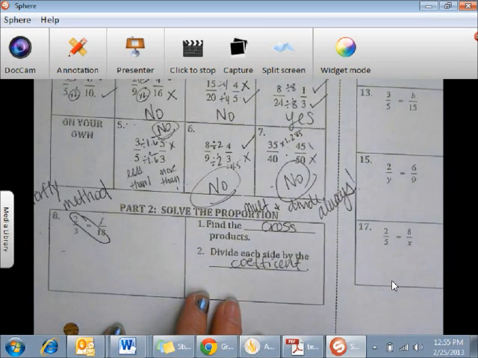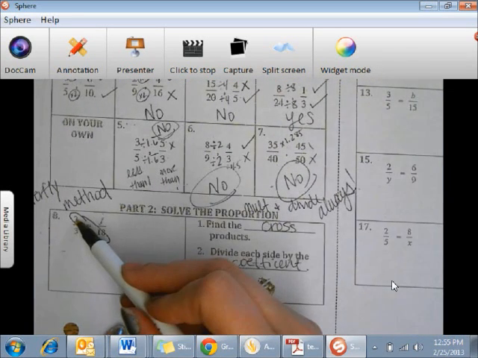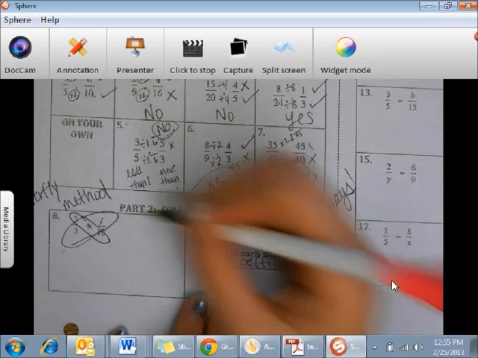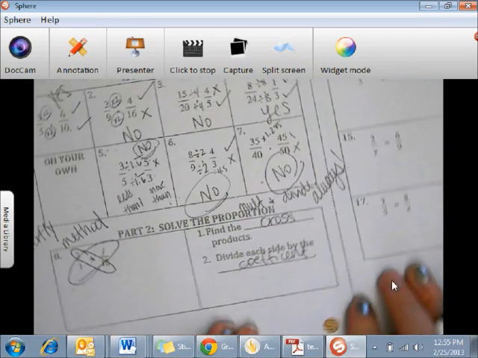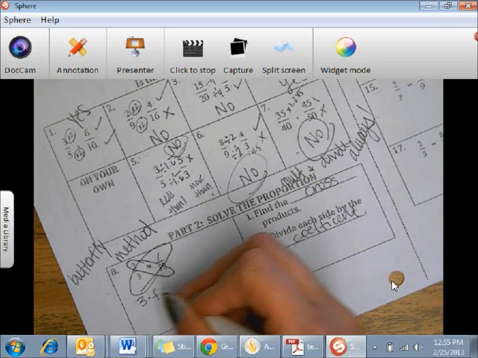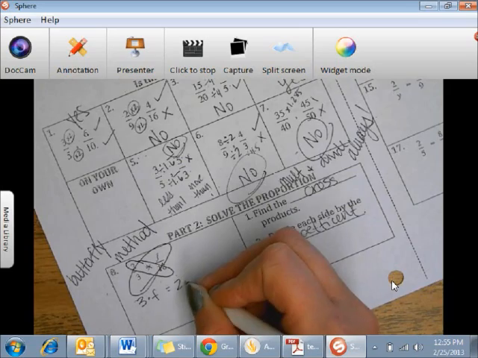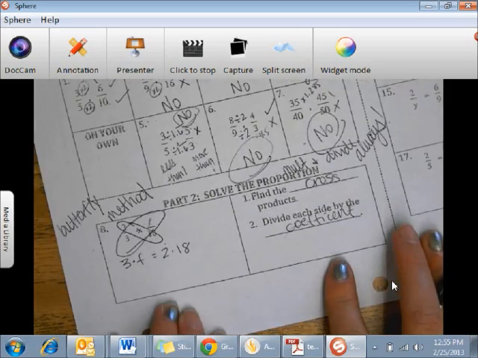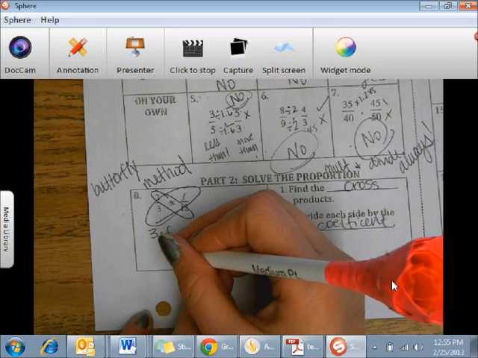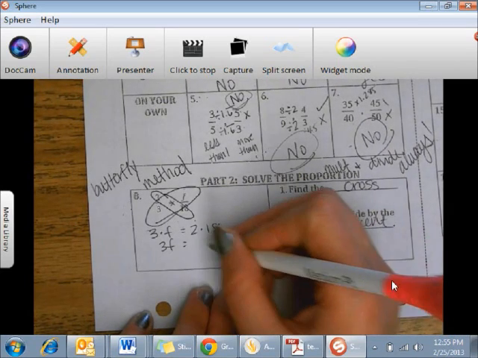The cross product, so we're multiplying 2 and 18, or multiplying 3 and f. So we're going to write down here 3 times f equals 2 times 18. So that'll give me 3f equals 36.